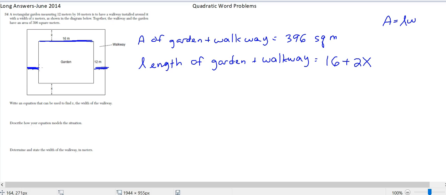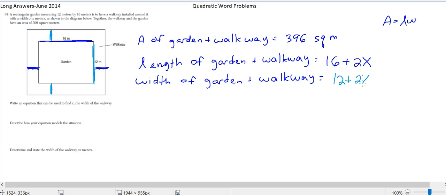Do we know the width of the garden and the walkway? The width of the garden is originally 12 meters. Plus, we're adding another x on this side, and another x on this side, so we have plus 2x.